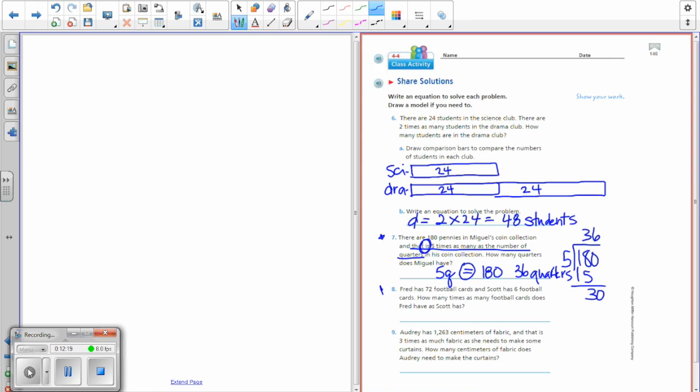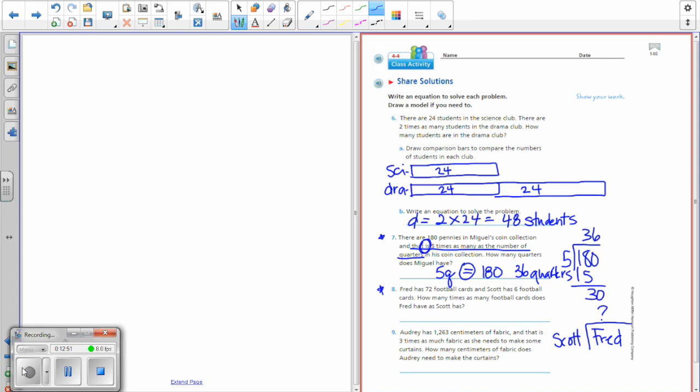Number 8. Fred has 72 football cards and Scott has 6 football cards. How many times as many football cards does Fred have as Scott?